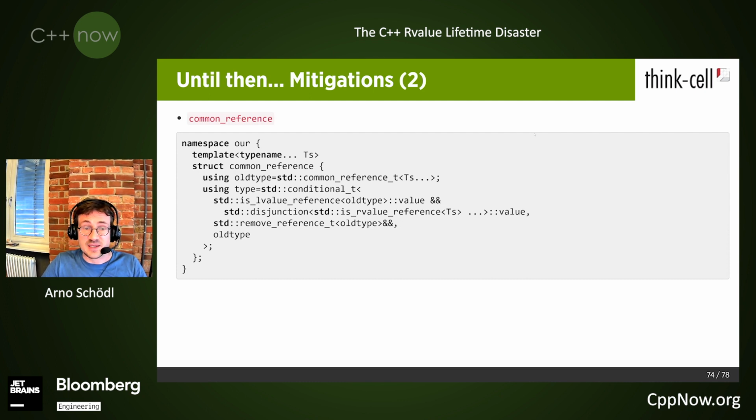And then you check if there was this magic rvalue to lvalue conversion. So you say, okay, if there's an lvalue reference of the old type, and you have any rvalues among your list of types, then you really want to supply an rvalue reference. You don't want to have an lvalue reference. So you take away the reference and add the rvalue reference. If that's not the case, you can just use the old type.